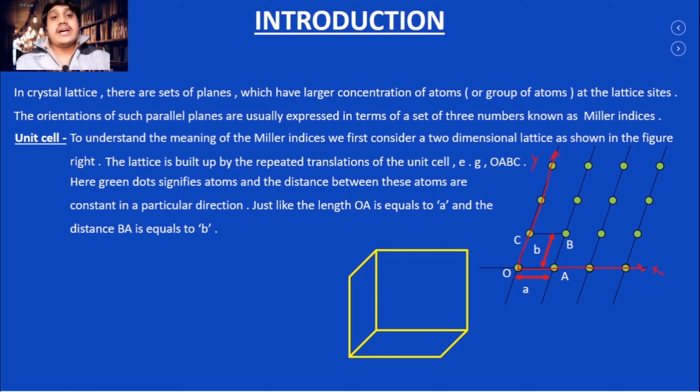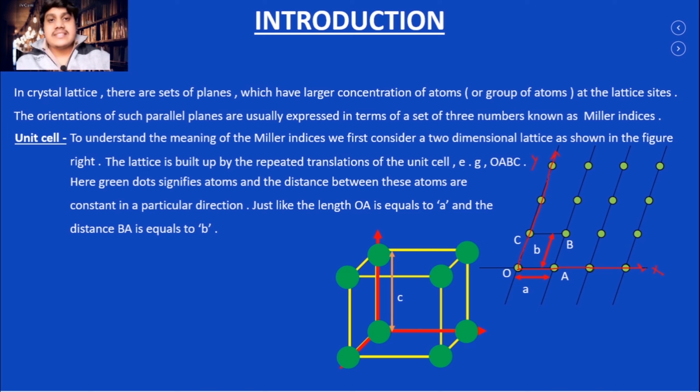Now let's take an example in 3 dimensions. Here it's a simple cubic structure. The red arrows suggest the z, x and y axes. The green dot suggests the atoms, and the distance between the atoms along the z axis is c, along the y axis it's b, and along the x axis it's a.